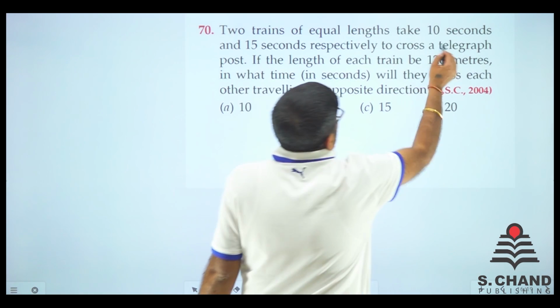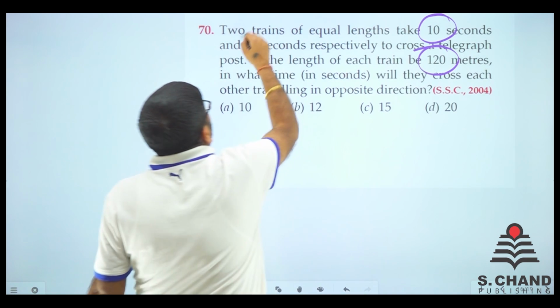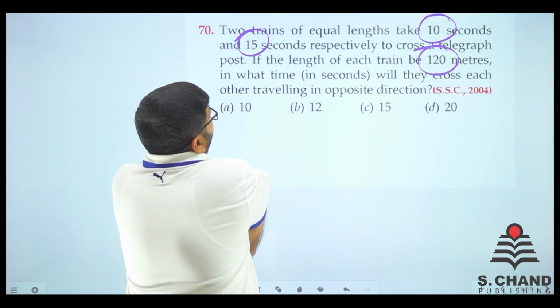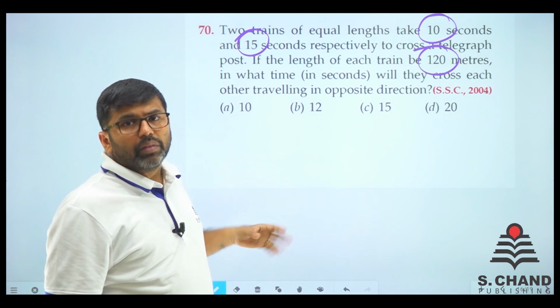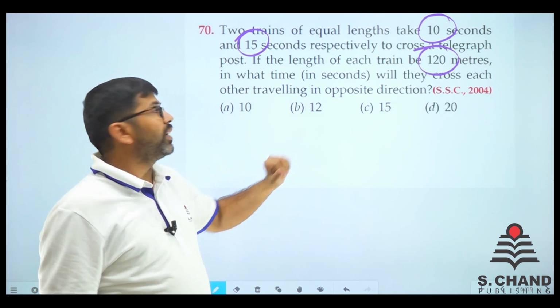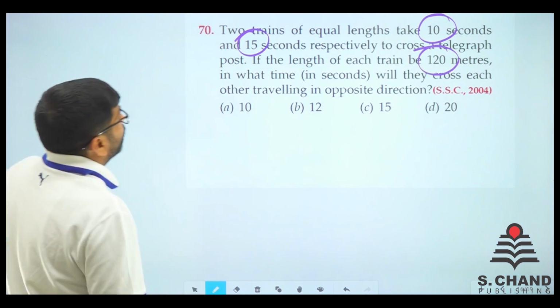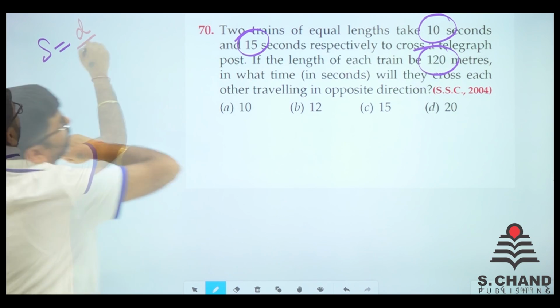See, the train length is 120 meters and they take 10 seconds and 15 seconds. Then that means their speeds are different, and that is what we need to find out. Once we find the speeds, we will know how much time they take when crossing in opposite directions, right? So speed of the first train is distance upon time.